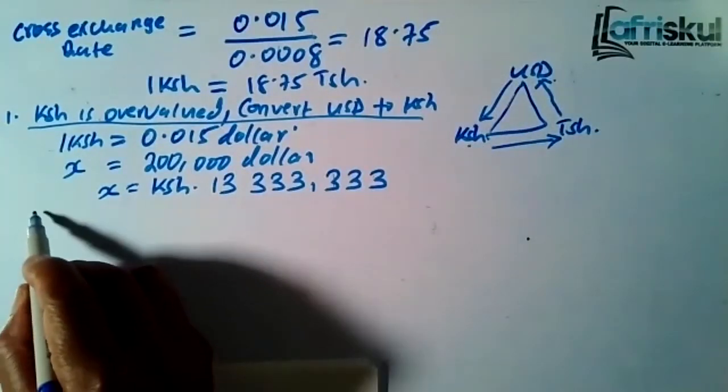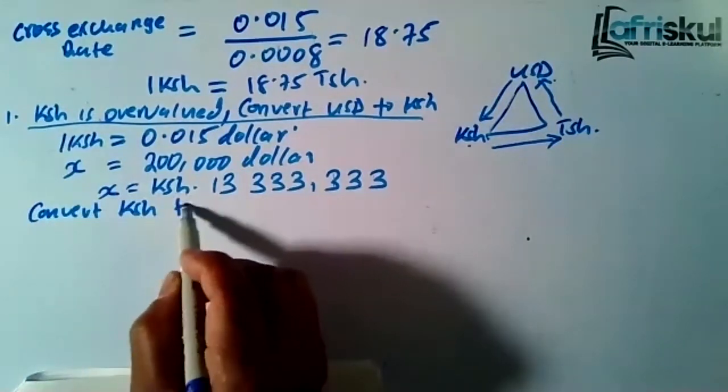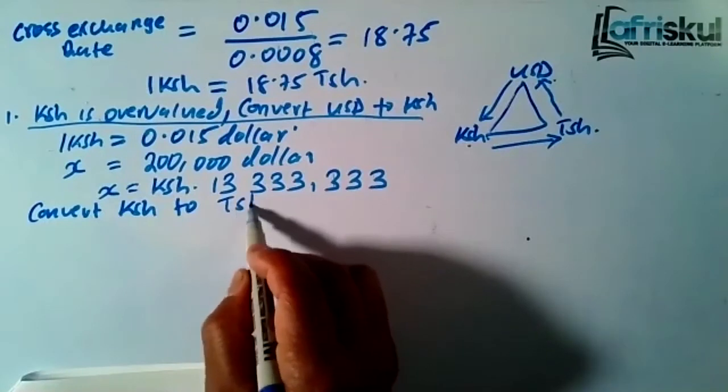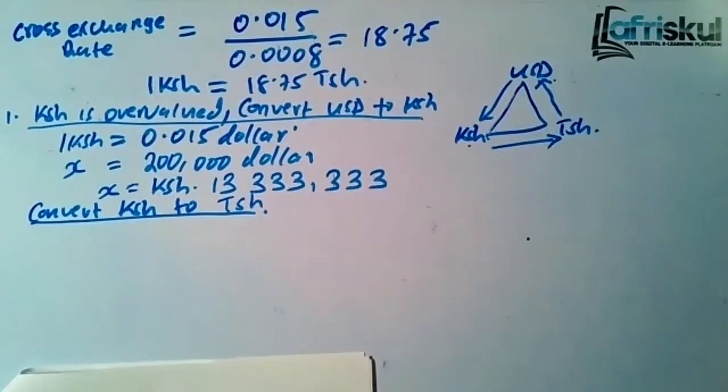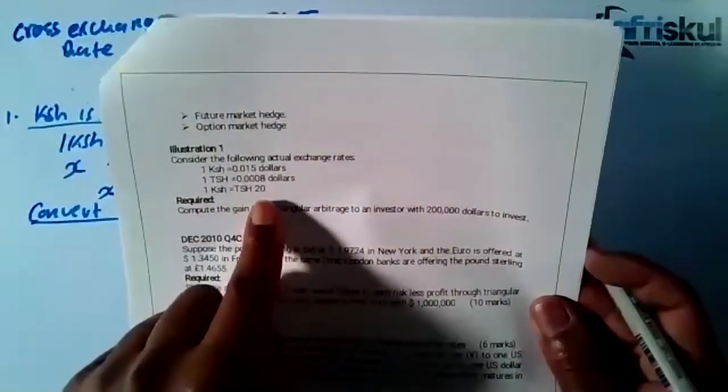Step number 2, you convert Kenyan shillings to Tanzanian shillings. In this case, they are exchanging at 1 Kenyan shilling equal to 20 Tanzanian shillings.